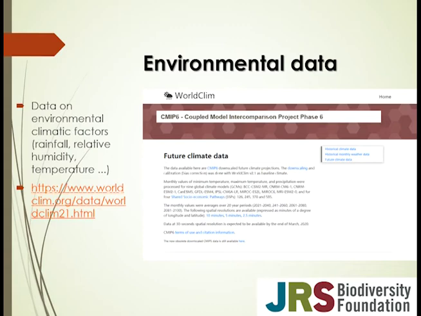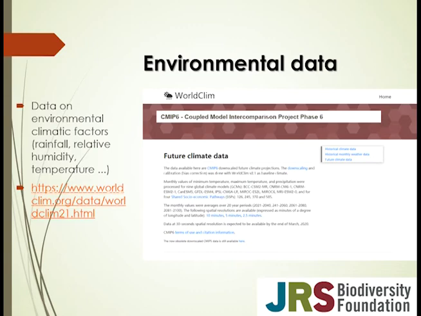Okay, with respect to those variables, the monthly values were averaged over 20-year periods. So you'll have the first period 2021 to 2040, the second period from 2041 to 2060, the third period 2061 to 2080, and the fourth period 2081 to 2100.